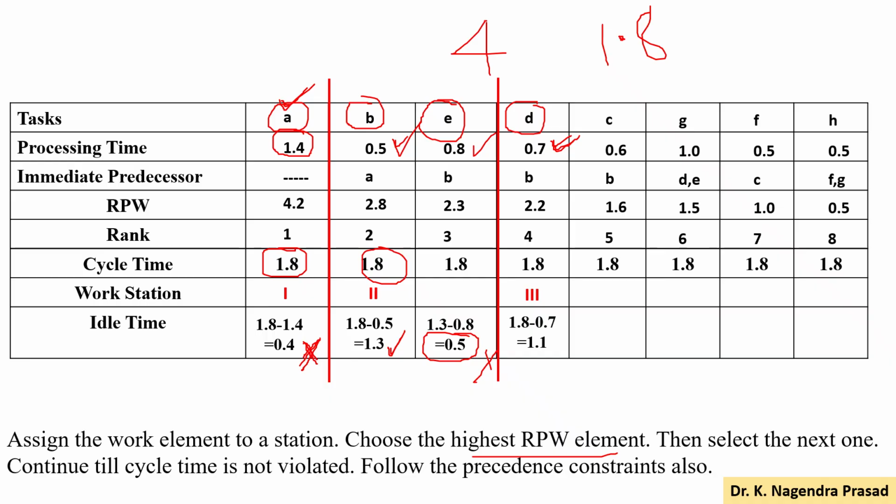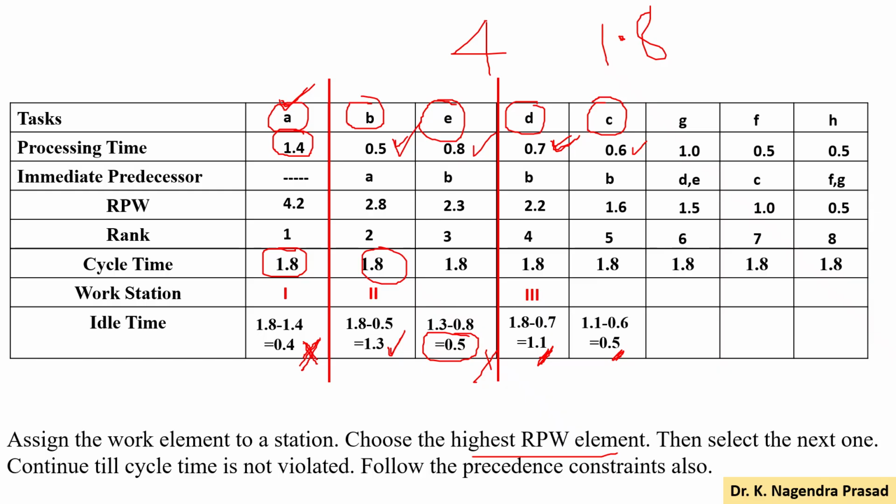So next we have to move to the next highest RPW task, that is C. For this one, processing time is 0.6 and availability time in the third workstation after assigning the task D is 1.1. So we can add the task C in the third workstation. Then after adding the task C, idle time or availability time will become 1.1 minus 0.6, that is 0.5.